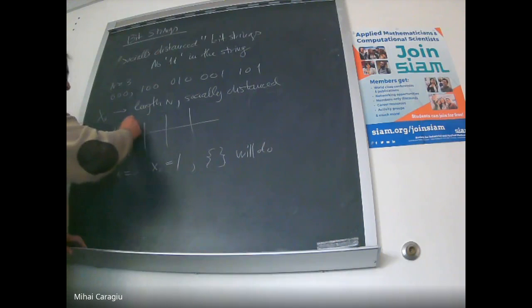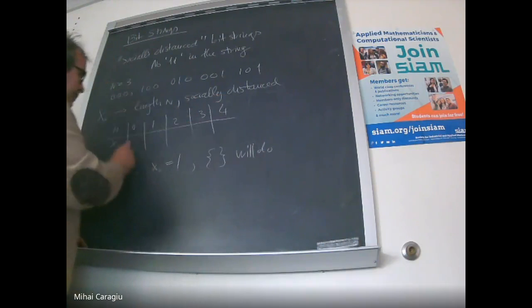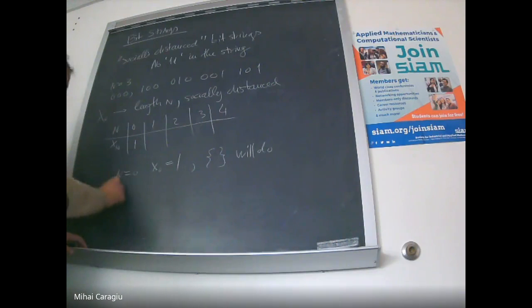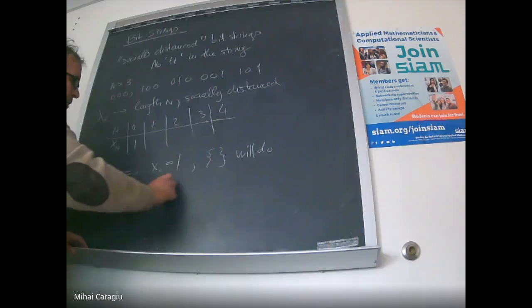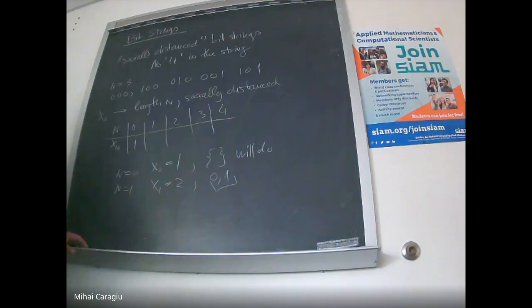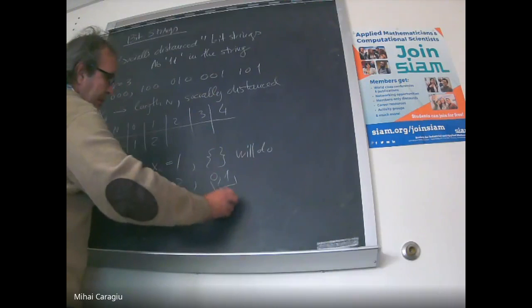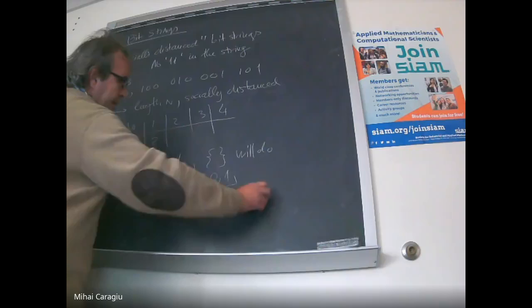For n equals 1, x_1 equals 2, of course. So 0 and 1 are both socially distanced. For n equals 2, x_2 equals 3, because we have 0 0, 0 1, 1 0.